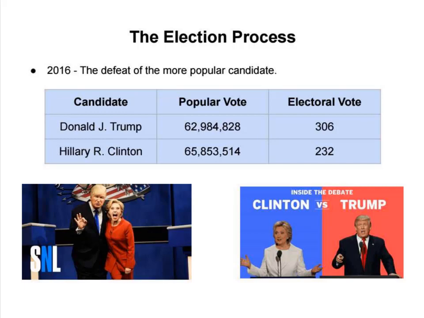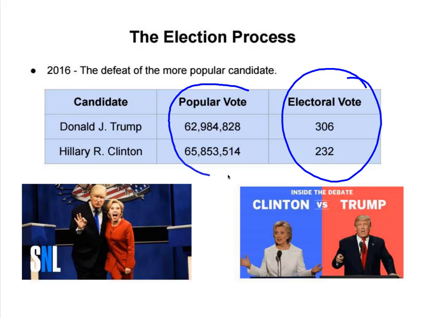In 2016, President Trump defeated his opponent, Hillary Rodham Clinton, in the Electoral College vote by what appears to be a rather large margin, and then lost the popular vote by an opposite large margin.